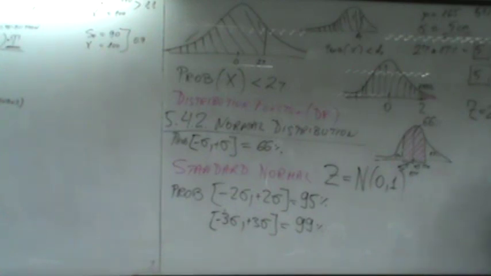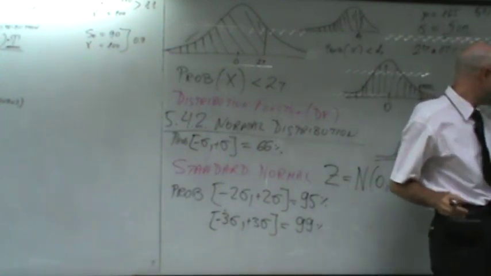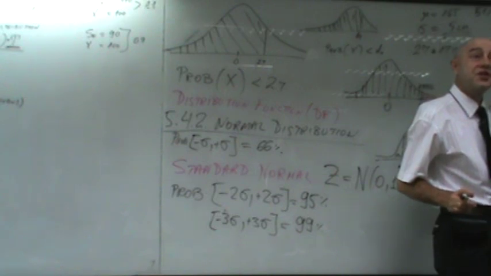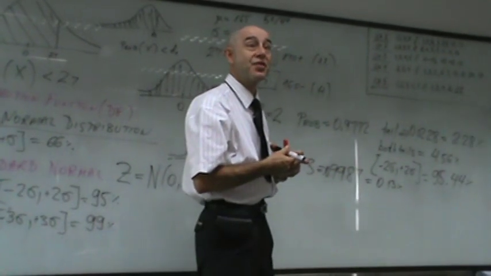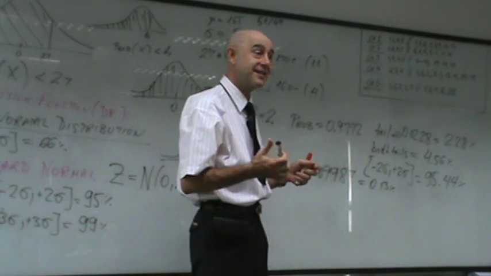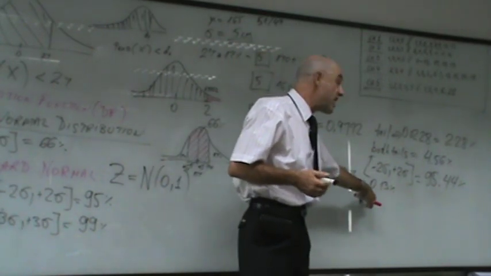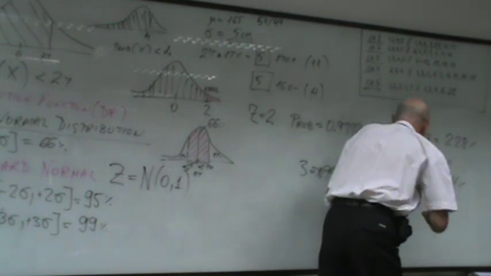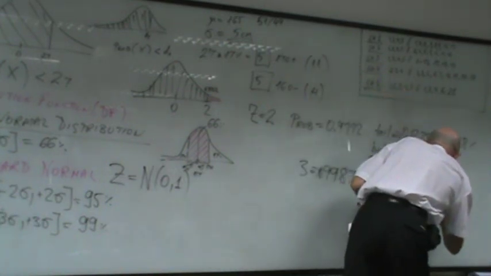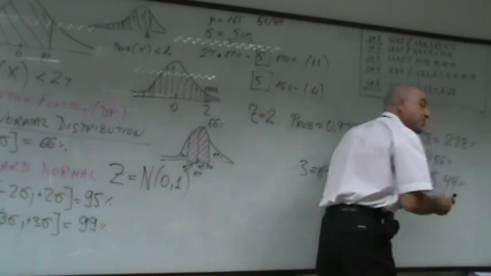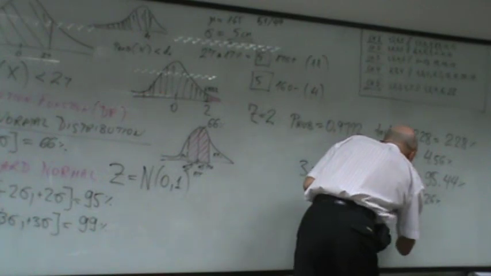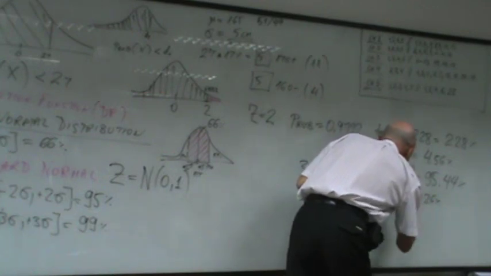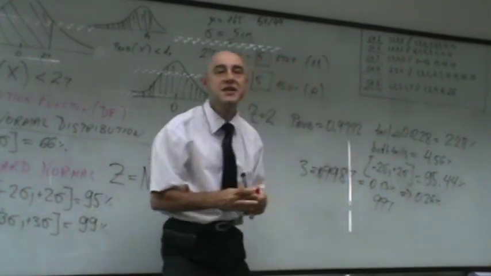It means the right tail is 0.13. So it's actually way more. 3 sigma is way more than that, okay? So for both tails it's 0.26%. So it's like 99 point whatever, 99.7 something, all right? So it's just a simple calculation.